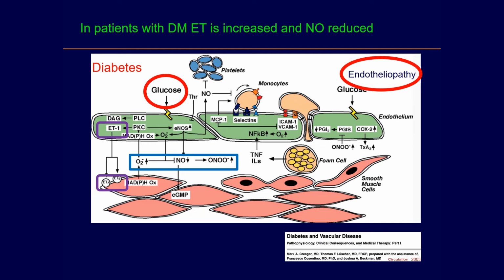When patients with diabetes develop endotheliopathy, endothelin increases and nitric oxide decreases. Now we want to see if this could explain the increase of retinal venous pressure.